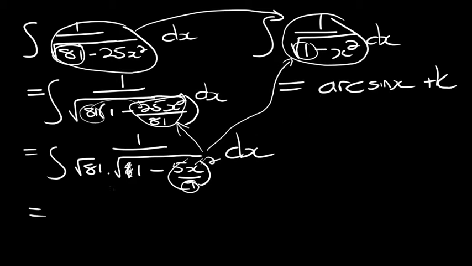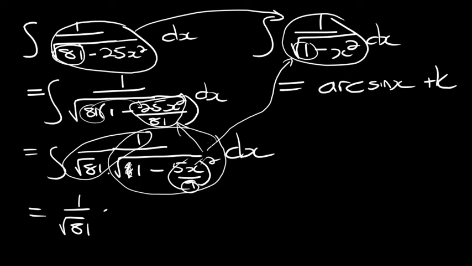Okay, so if we integrate this now, you are left with 1 over square root 81, because the integration won't do anything to this one. You just write it there. But then this is 1 over square root 1 minus 5x over 9 squared.